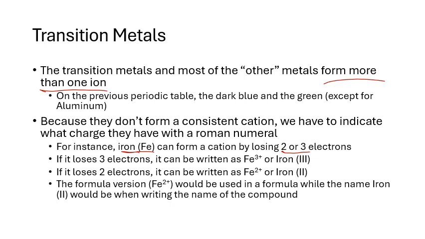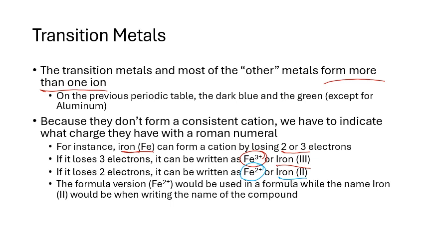If it loses 3 electrons, we can write it like this: Fe is the iron, and the 3+ means a 3+ charge. Or if we're writing out the name, we call it iron(III). The Roman numeral tells us the charge on it. Conversely, if iron has lost 2 electrons, it's iron(II) or Fe 2+.